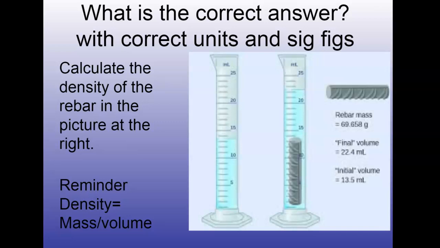So go ahead and do your calculation. Please remember to use your math and rounding for significant figures and decimal places correctly. And when you have your answer, please put that in the chat as well.